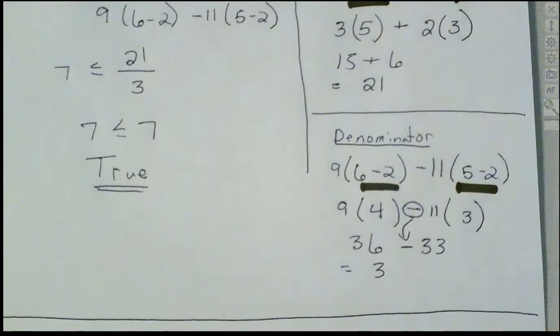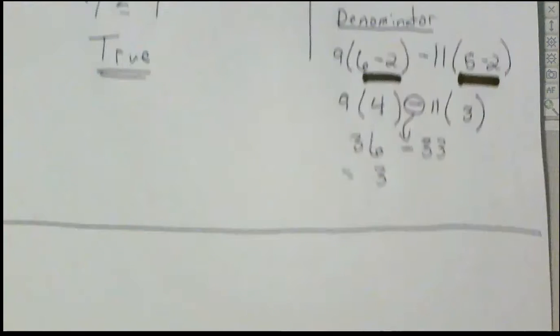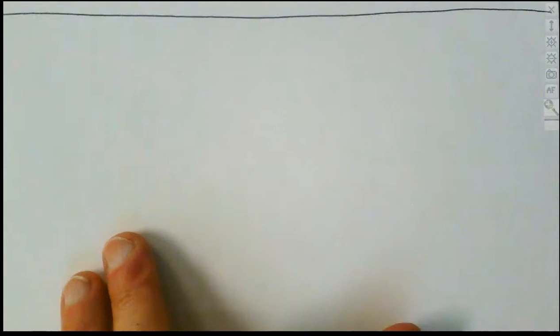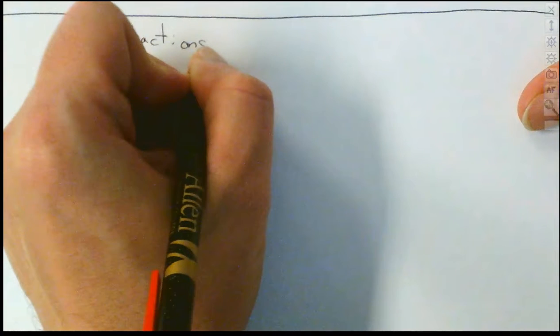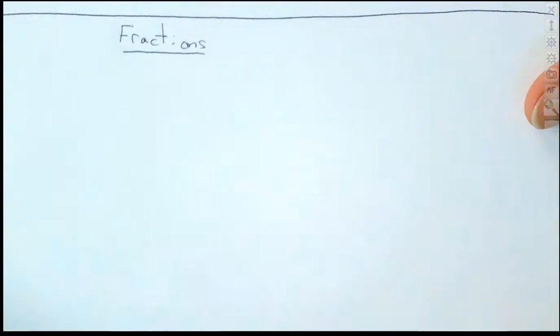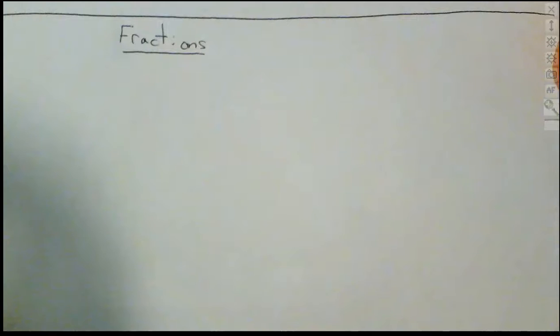Now, what about fractions? How are fractions going to work? When we look at fractions, we need to remember a few things. For fractions, we need a common denominator when we add or subtract.